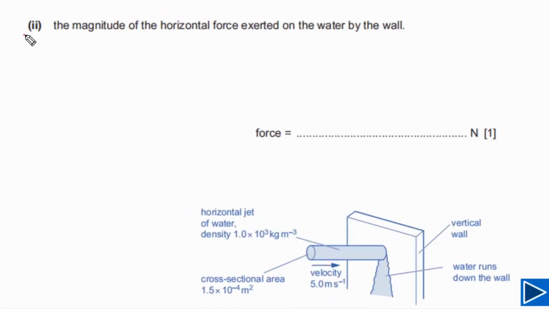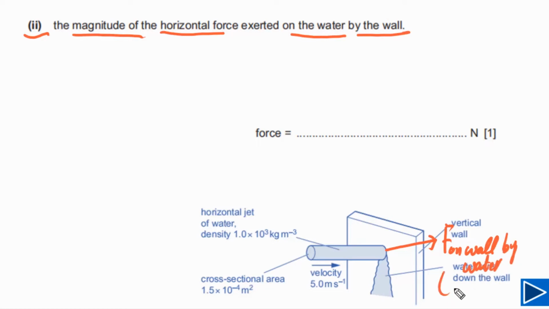For the second part, the question is asking us to calculate the magnitude of the horizontal force exerted on the water by the wall. Now if you look at this situation, in this case water will exert force on the wall. So here we can draw, this is the force on wall by water. We can say this one is the action force.